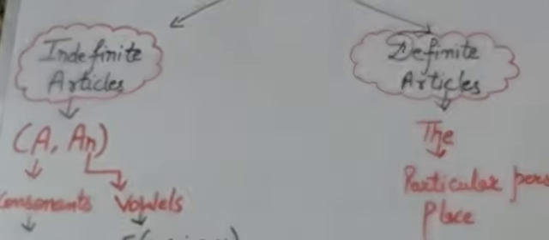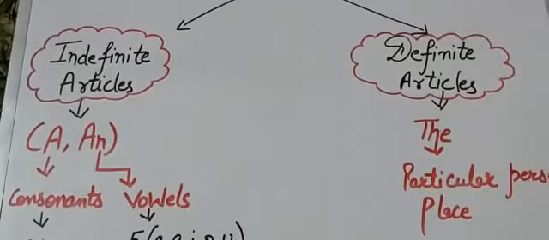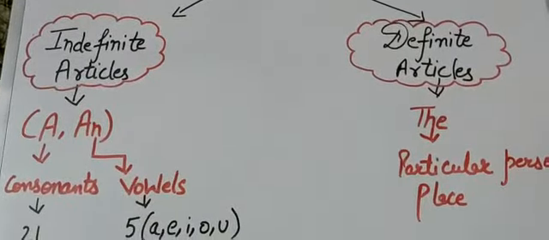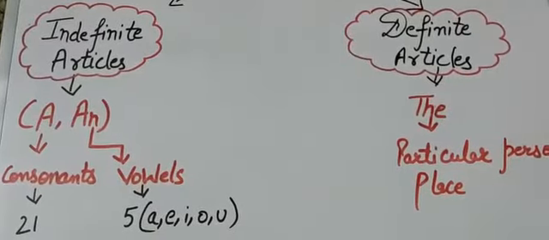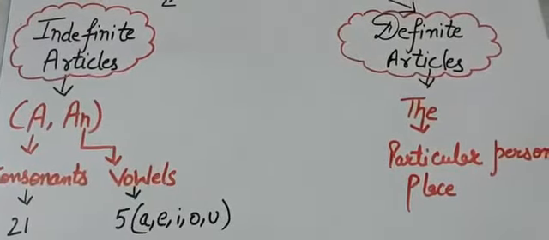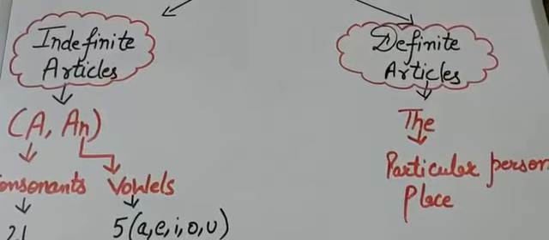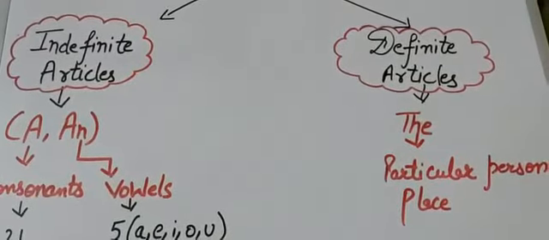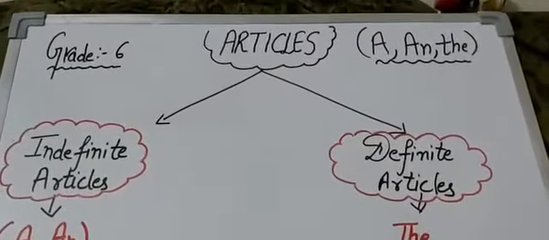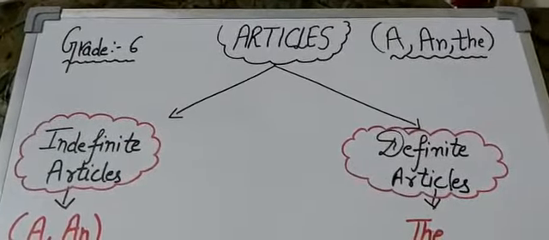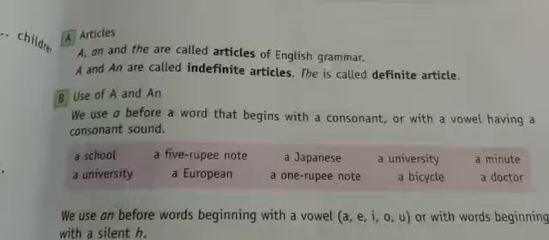A is used before consonants and an is used before vowels, that is A, E, I, O, U. And the is used with a particular person or place. Now let's have a detailed study of all these three articles, that is a, an and the.